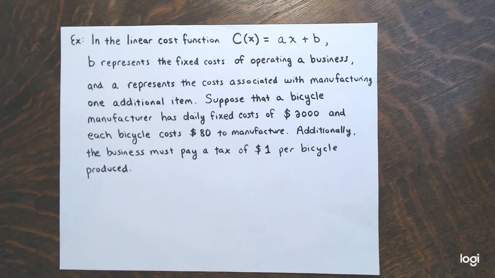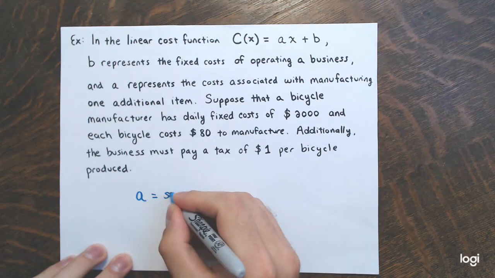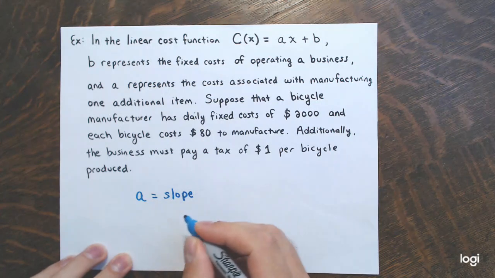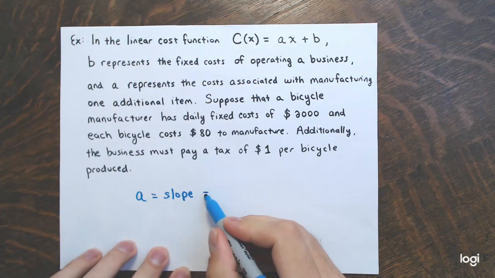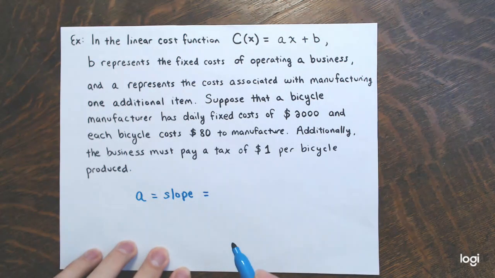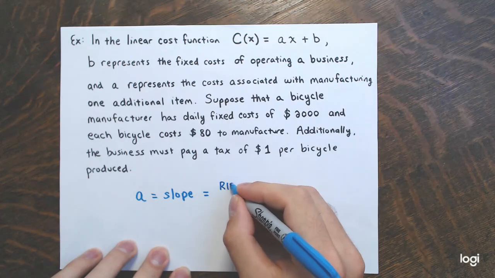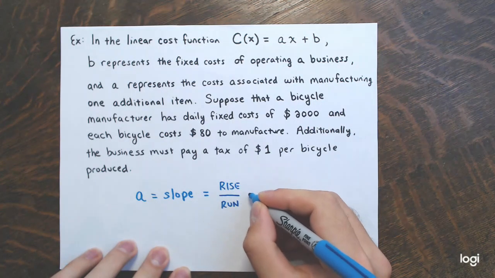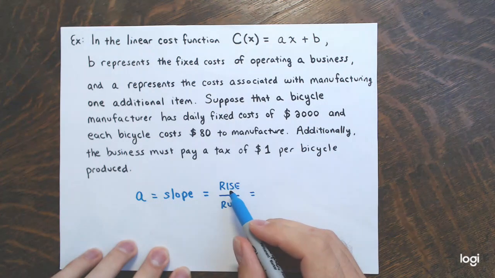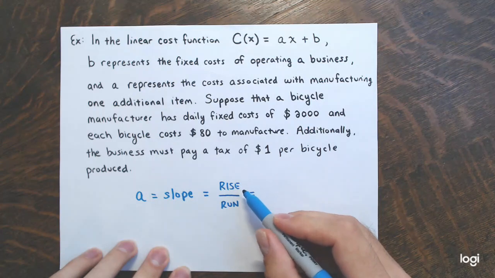I've talked about how a here is the slope. Again, if you want to call it m, that's fine. Remember, the slope of a line is a ratio, the ratio of rise to run, where some other way you might see the rise denoted is how much am I changing up and down.